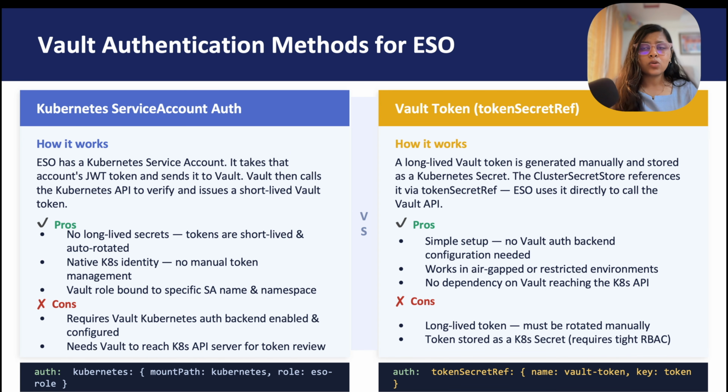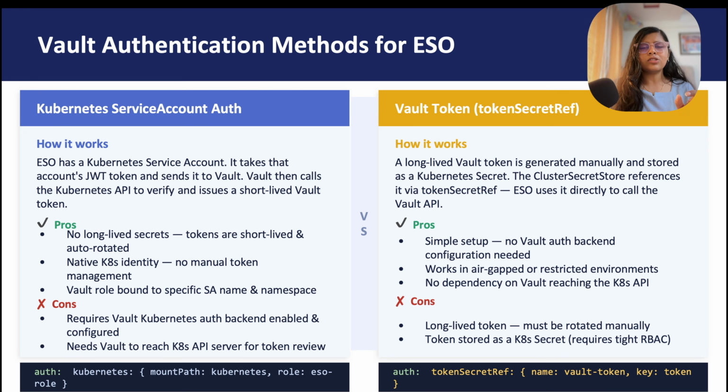So ESO, that is our external secrets operator, has a Kubernetes service account. It takes that account's JWT token and sends it to the vault. Vault then calls the Kubernetes API to verify and issues a short-lived vault token.